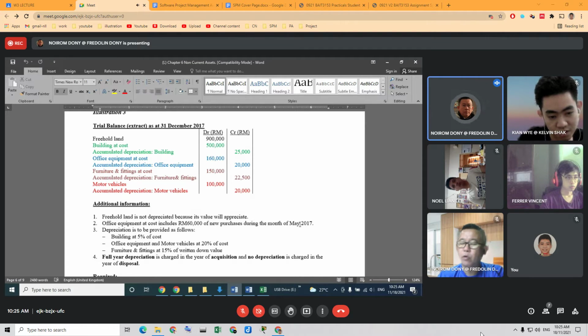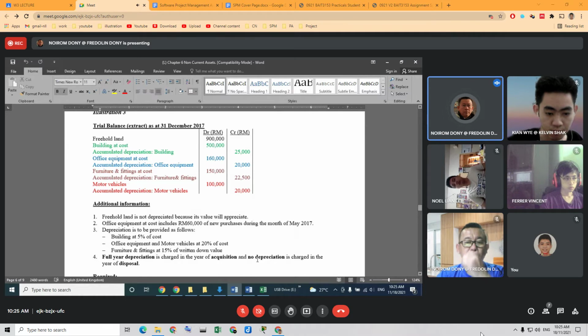By right, only 8 months. So if we are using a monthly basis, we only provide 8 months depreciation. But because of statement number 4, full year depreciation, we ignore the monthly. We charge depreciation for 1 year, 12 months, for that office equipment. That is the meaning.